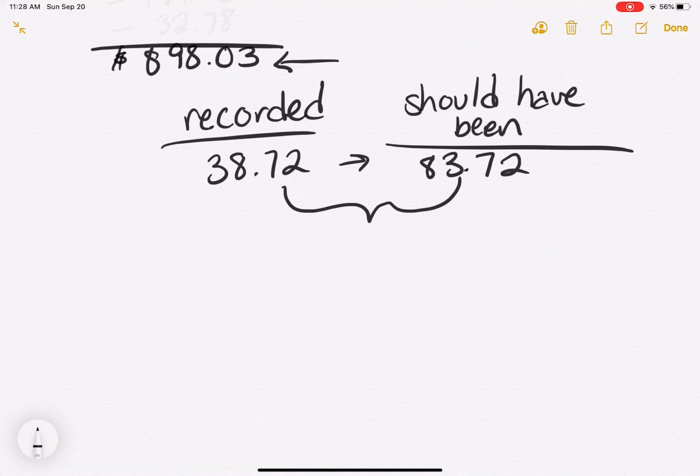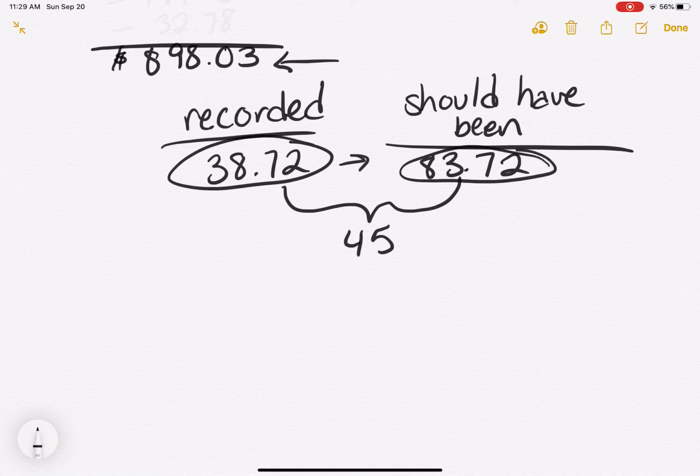So the difference between these two was, bigger number, subtract the smaller number, $45. We then need to ask ourselves, what was recorded? Was that enough? Or was that too much? And what do we do with the difference? So in this case, what was recorded in the bank was $38.72. It should have been $83. Therefore, we're going to add in an extra $45.